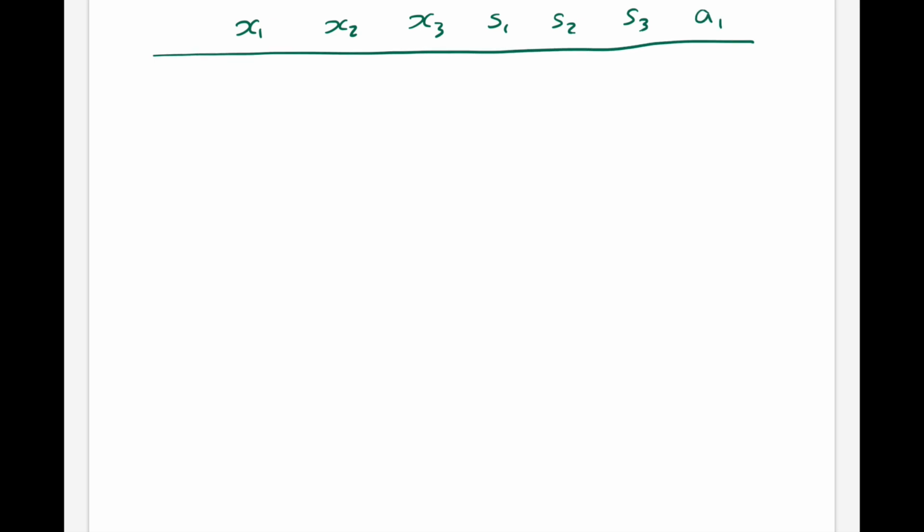Which now includes an artificial variable column and two objectives, the original objective and our objective, which is to minimize the sum of all the artificial variables.